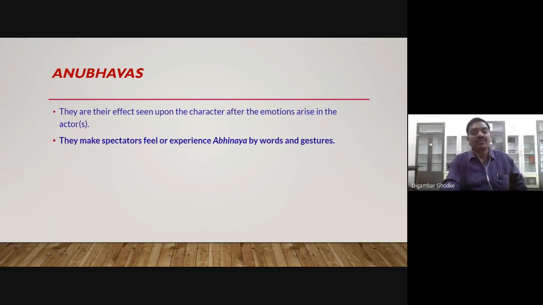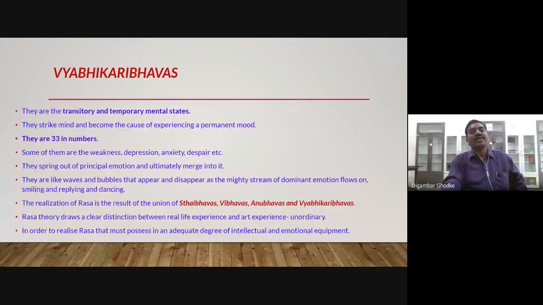And then there is one more bhava, that is vyabhichari bhavas. These vyabhichari bhavas are transitory and temporary mental states. They are not permanent. Sthayi bhavas are permanent mental states, in your conscious and subconscious mind. Vyabhichari bhavas are changing.